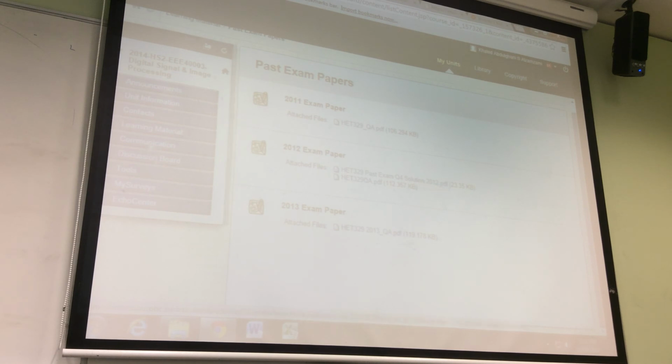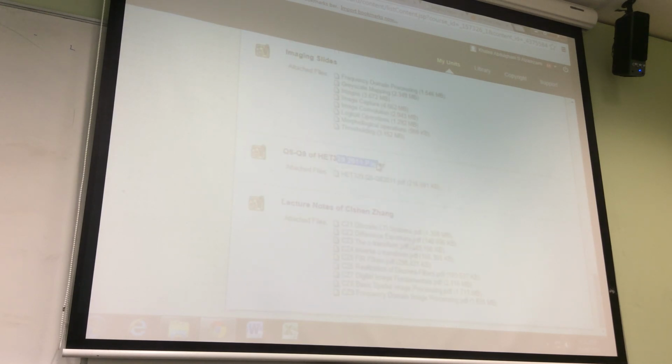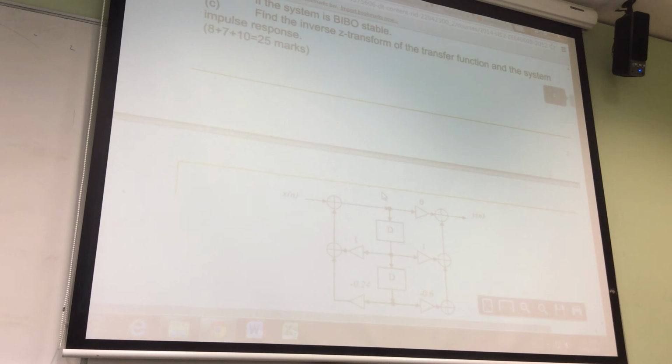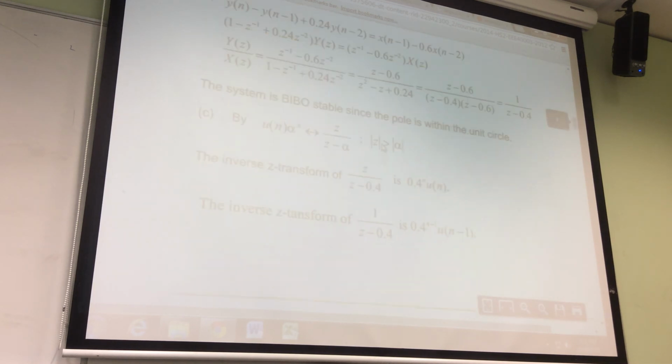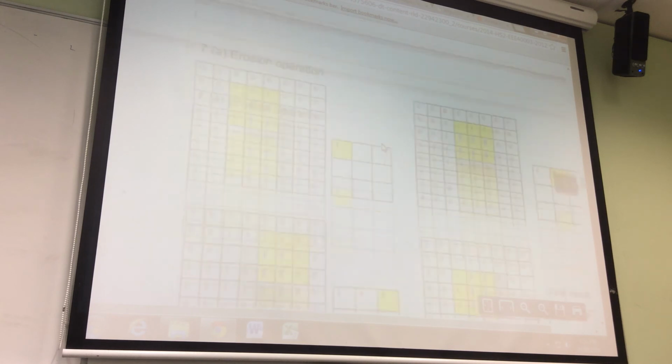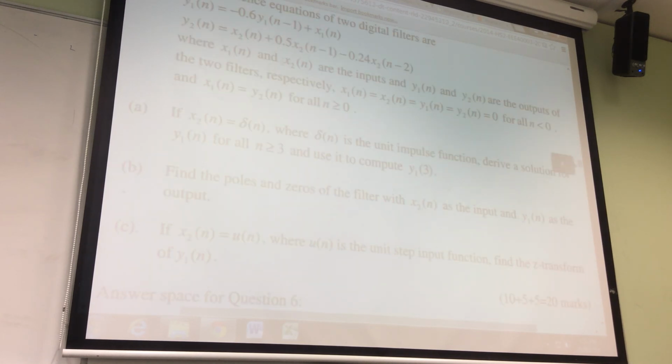Solution. No. Okay, so at least you got a solution for 2011. So you can have a look at these solutions. Yeah, these are the questions, and these are the solutions for that. This one is very similar.